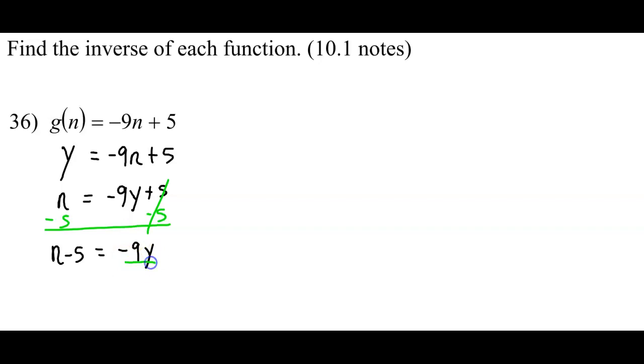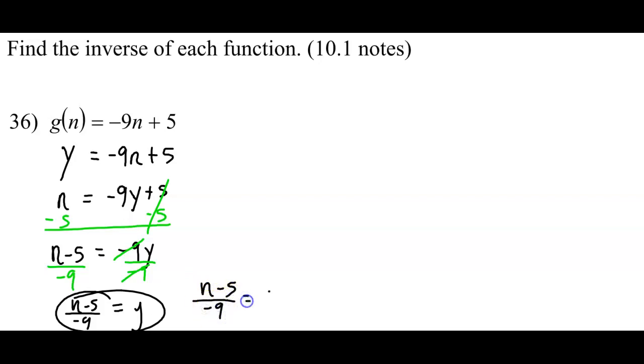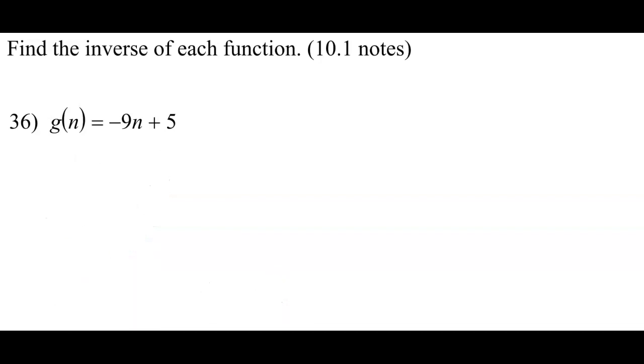And then we would divide both sides by -9. We could put the g back. I forgot about that. But now we're going to put the little -1 because it's an inverse. All right. And so that does it.